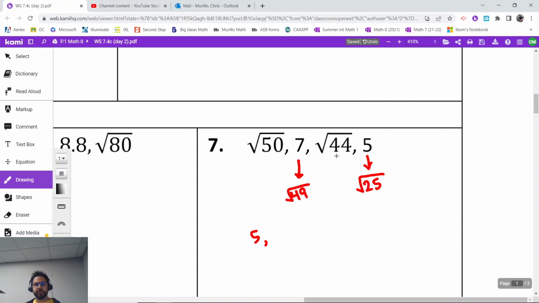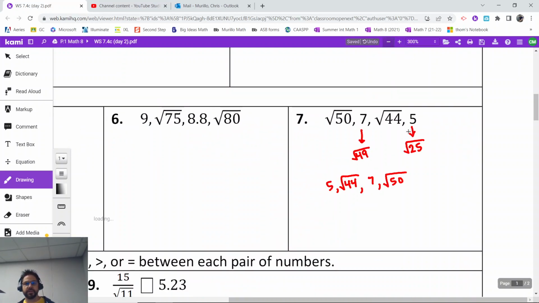Then we got the square root of 44. Then we have the square root of 49, which is really a 7. And then finally, we have the square root of 50, helping us practice our squares, square roots, quick knowledge there. All right, so let's see. That was directly from the notes.